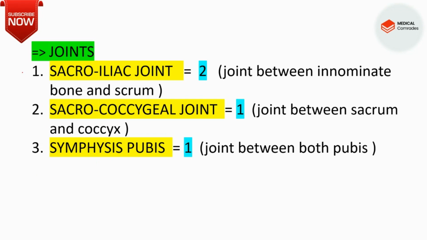First is the sacroiliac joint, the joint between the innominate bone and sacrum. Second is the sacrococcygeal joint, a joint between sacrum and coccyx. And the symphysis pubis, the joint between both pubic bones.